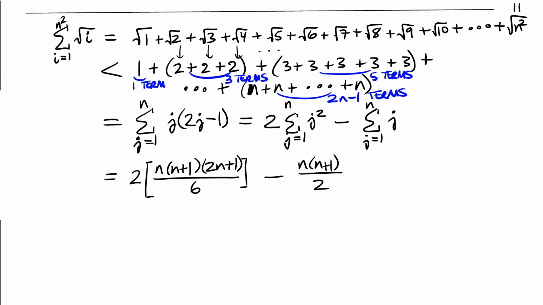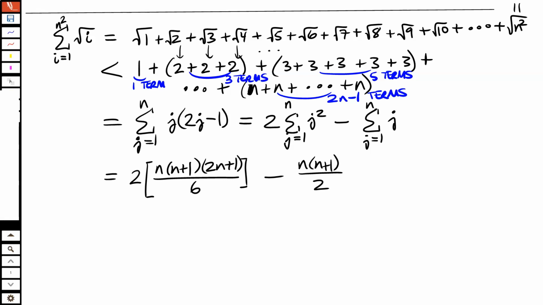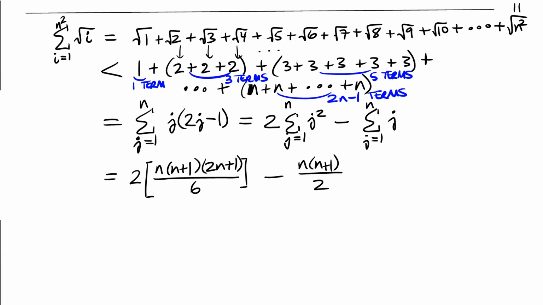So now it's just a matter of collecting everything and doing the algebra. We need a common denominator of 6. So I'm going to leave the 6 on the bottom there, and I'm just going to put 3 over 6. And instead of multiplying everything out and then trying to factor, I'm going to factor out what's in common here, n plus 1 all over 6. Okay, and then I'm going to see what's left over.